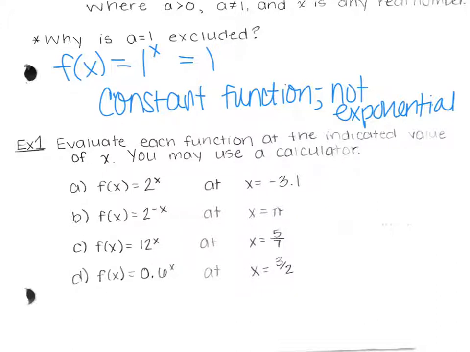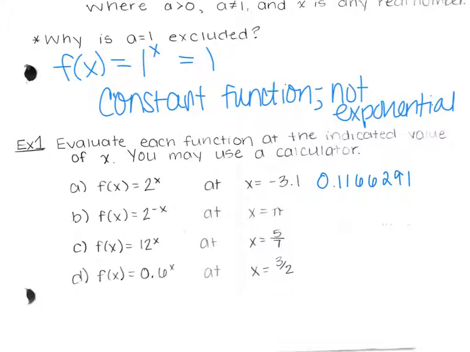So you'd have 2 and then to the negative 3.1. And when you have that, you're going to get a value of 0.1166291. We can also take 2 to the negative pi.